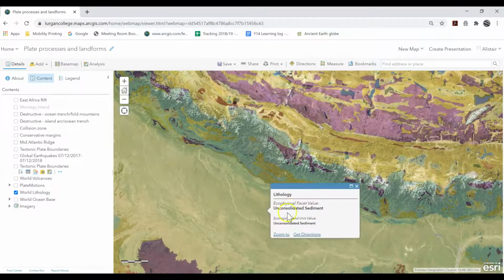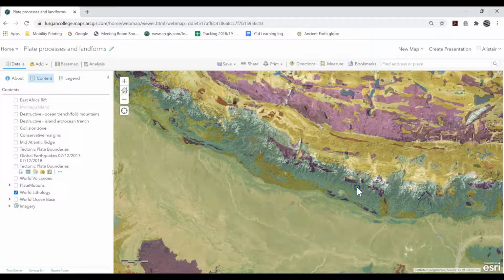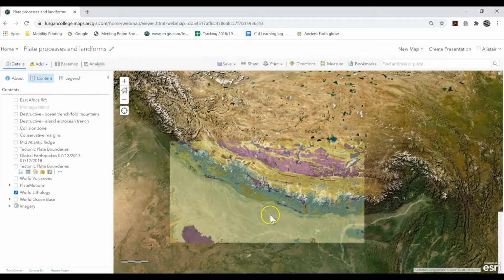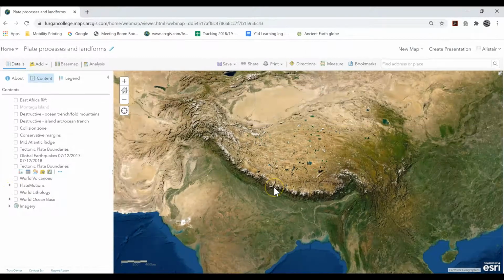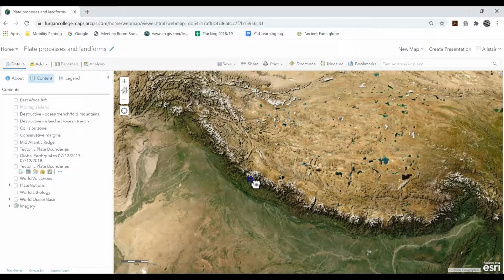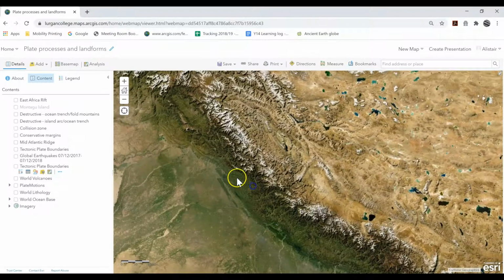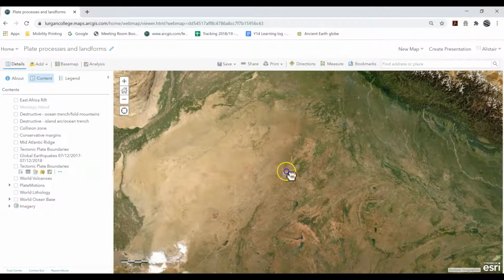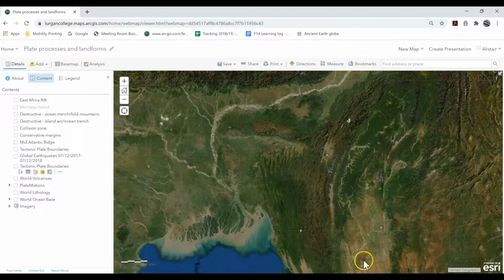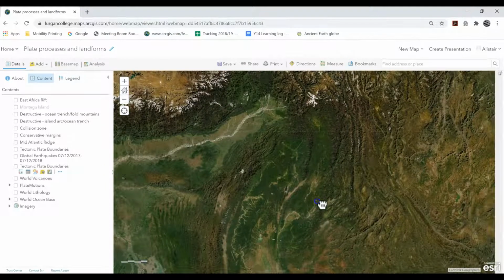And down here, what have you got? You got, in this case, unconsolidated sediments. You got that just deposited more recently by rivers, but it is sitting on top of the kind of sediments that would have been crumpled upwards to form that rock in that collision zone. So you can just have an explore of that yourself, just to really get a sense of the place in this, and just the sheer, look at all that, the warping and the twisting of those rocks down there as these continents collided together.